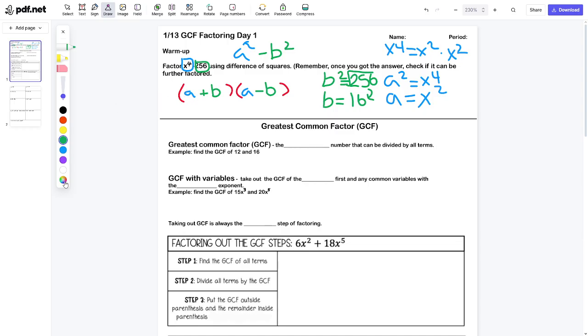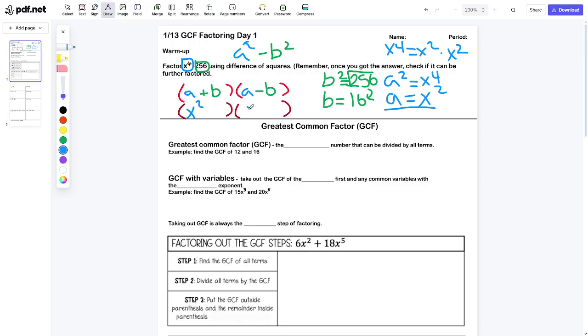So what that means now is we need to go to our parentheses here and plug in our numbers. Our a here is x squared, because that was x to the fourth power square rooted.